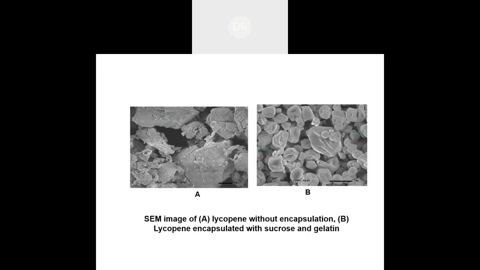Without encapsulation, you will find a structure like sawdust, with some lumps, whereas with encapsulation, you get a uniform structure of the encapsulated material.